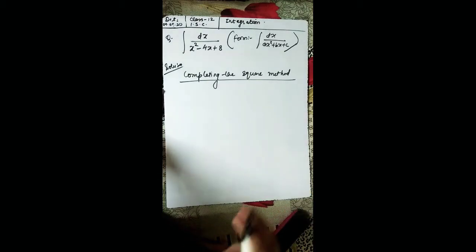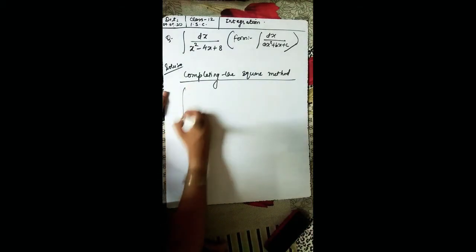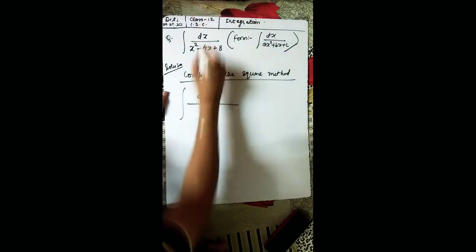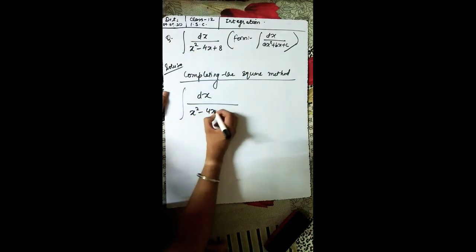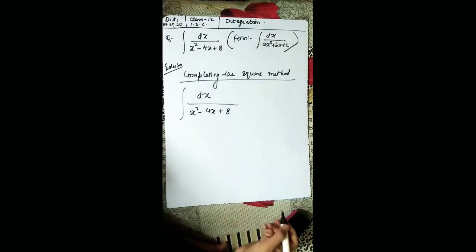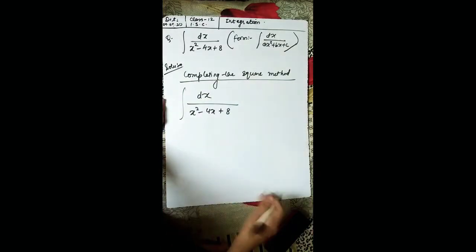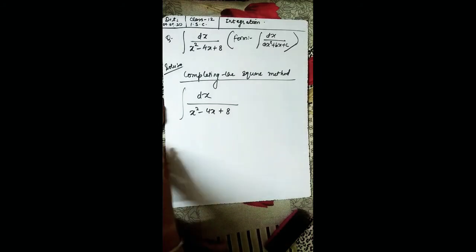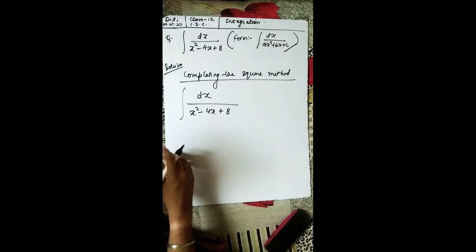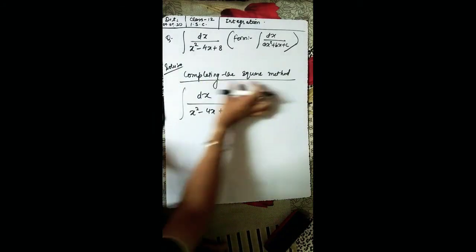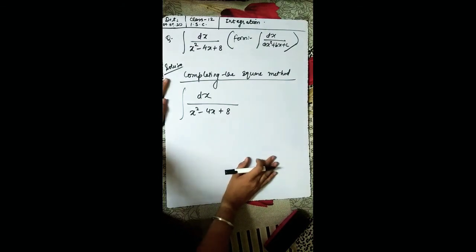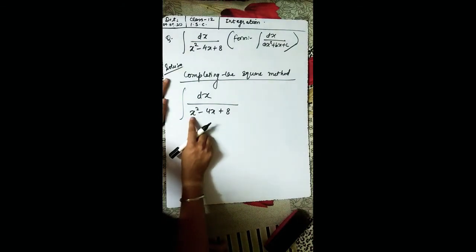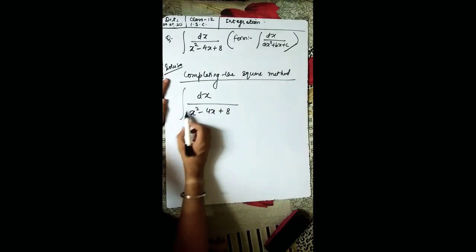So I'm again recalling for you, just have a look here. This is x square minus 4x plus 8. This completing the square method also contains some certain steps which you also have to remember. So what does the completing the square method state? That your x square should be unity, meaning there should be no coefficient with x square. We already have no coefficient with us, that is 1.